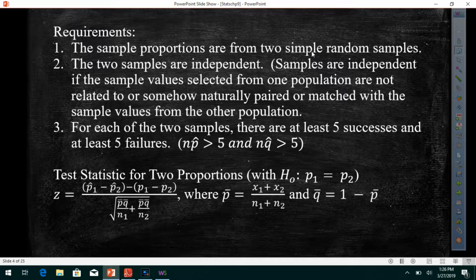Remember, P bar is X sub 1 plus X sub 2 divided by N sub 1 plus N sub 2, and Q bar is 1 minus P bar. All right, that sounds like a lot, but remember, I would put this stuff on a 3x5 card.